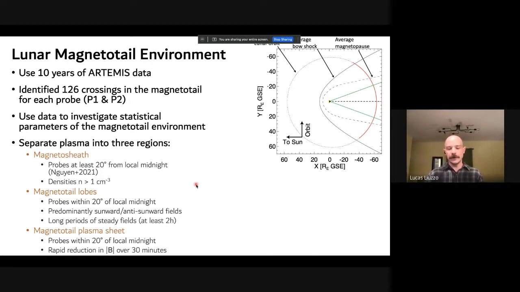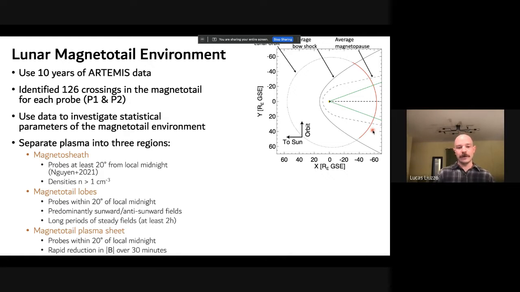To define magnetotail lobes, on the other hand, we require that the probe is located within 20 degrees of local midnight, so within this cone here. You'll notice that this cuts off some of the edges of the magnetotail, but this also ensures that we don't accidentally have any magnetosheath plasma or even solar wind plasma bleeding into the data set.